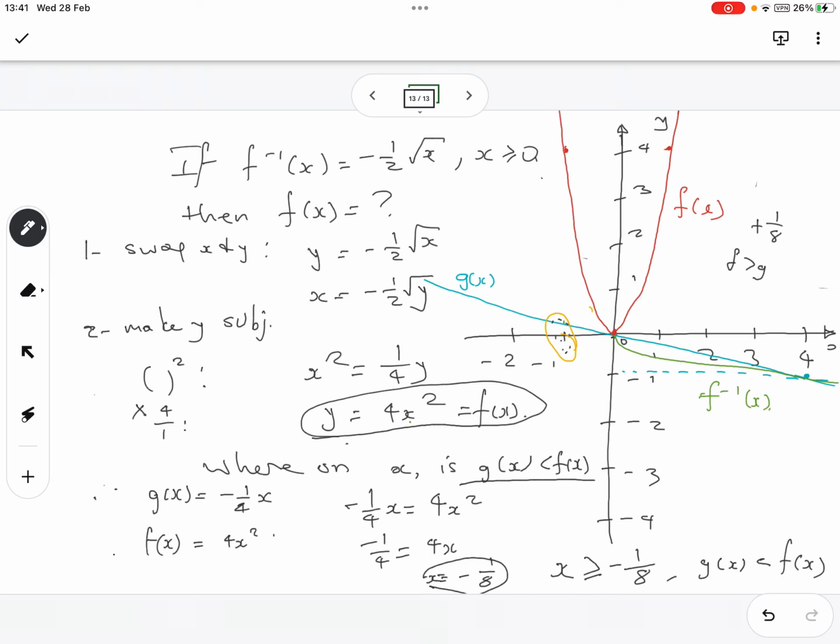Okay, for which values of x is g less than... Let's say the question was about the inverse. If it were about the inverse, for which values of x would the straight line be less than, and it says there x is greater than 4.